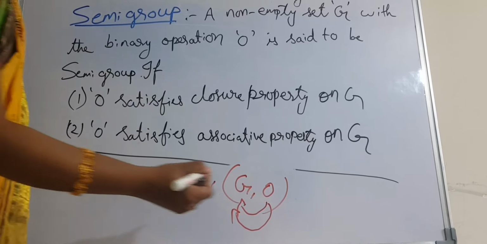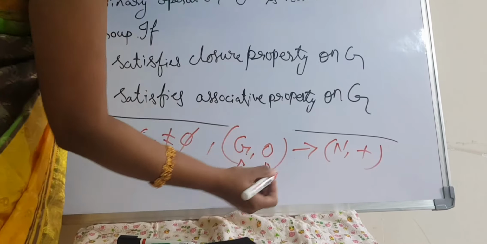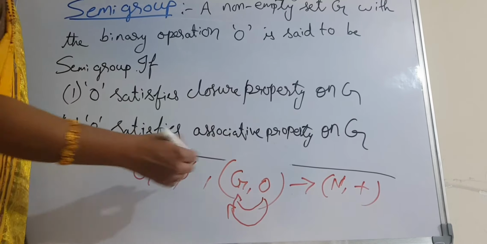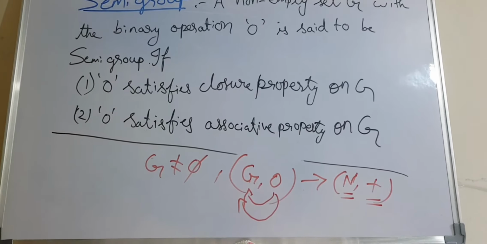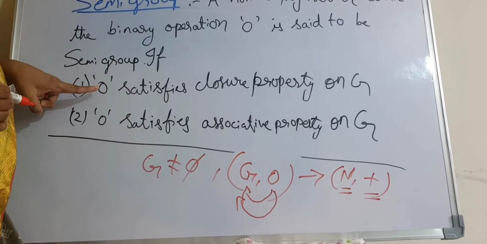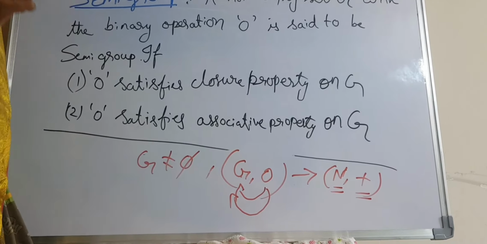For example, take natural numbers with respect to plus. When plus satisfies closure and associative properties, we call it a semi-group.